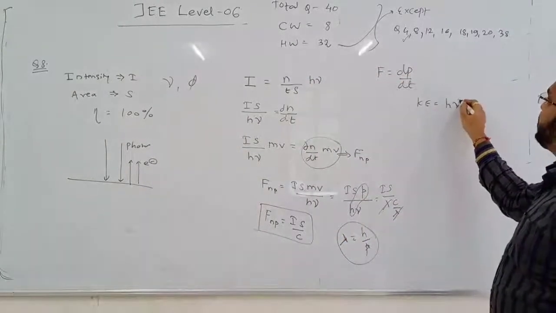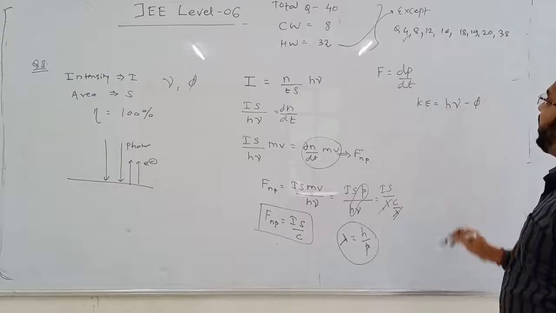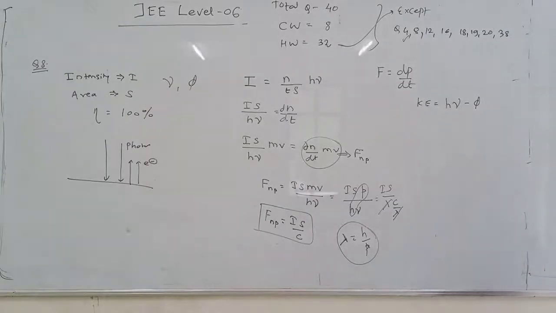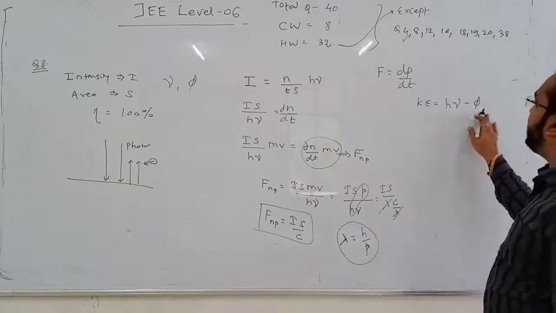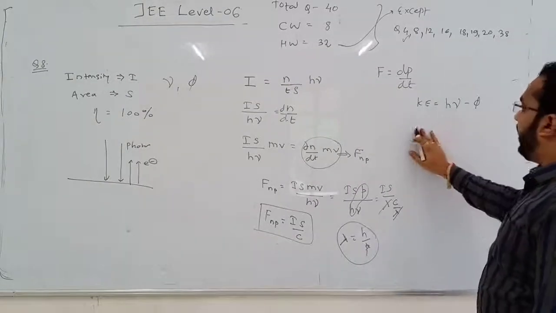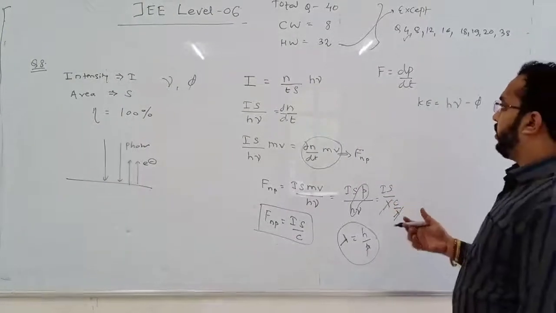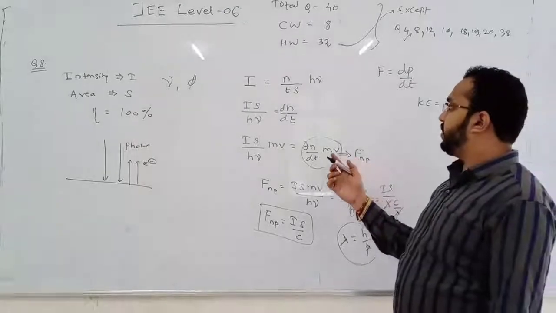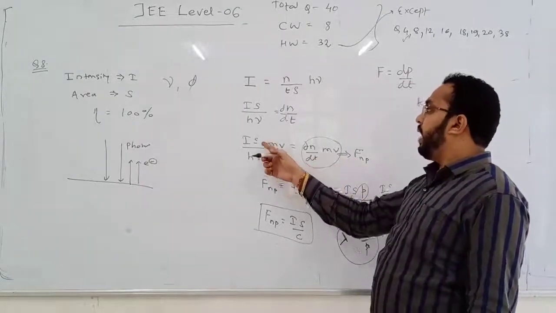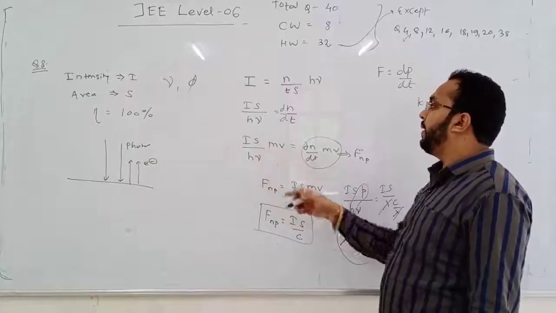So the remaining energy is kinetic energy, h mu minus phi. This is the kinetic energy of electrons. Okay, h mu minus phi. Again, use this equation. Which equation? This equation, is upon h mu into momentum.